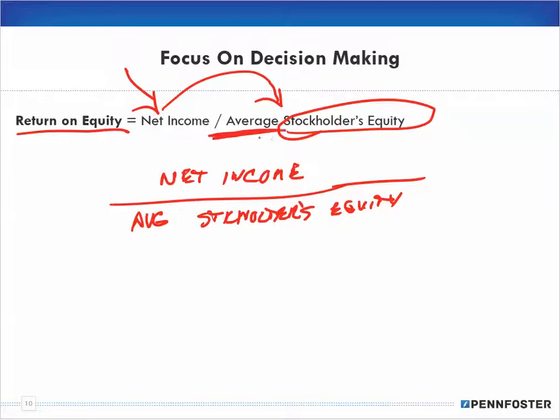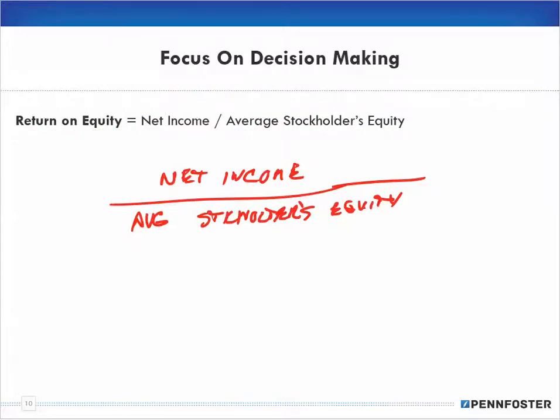But notice it says average. Average being that you have to look at it from the perspective that the stockholders' equity doesn't necessarily stay the same throughout the entire accounting period. I mean, oftentimes it does.